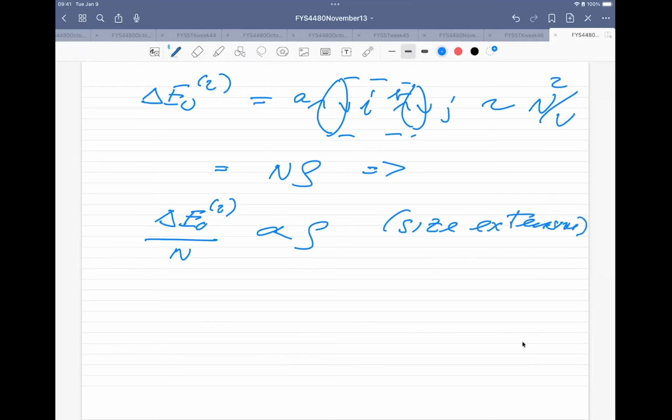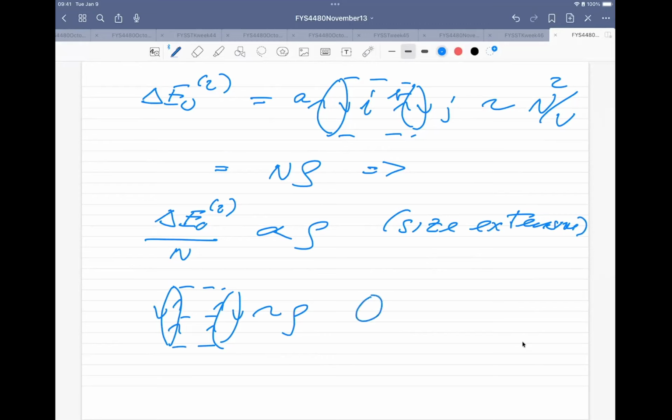If I then go to third order, I will have terms like this one. This is just one of the many contributions. This term will also be, when we divide by the number of particles, size extensive. It depends on just n divided by the volume.